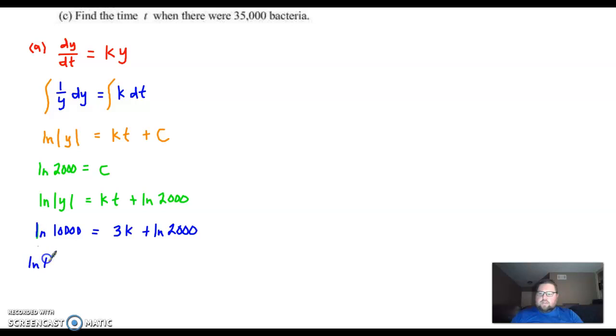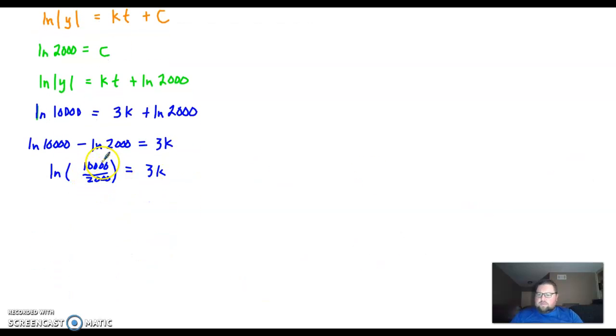So we get the natural log of 10,000 minus the natural log of 2,000 is equal to 3k. This is a log property. We can combine these into a single log by dividing the arguments, 10,000 over 2,000. And then that simplifies to 5. And then we can divide by 3. So natural log of 5 over 3 is equal to k.